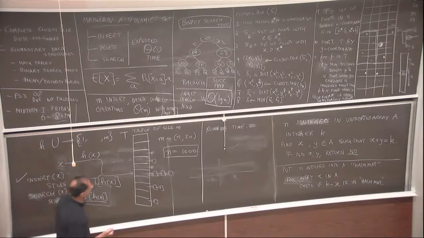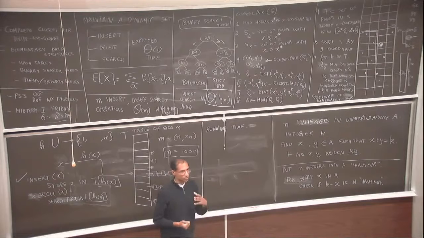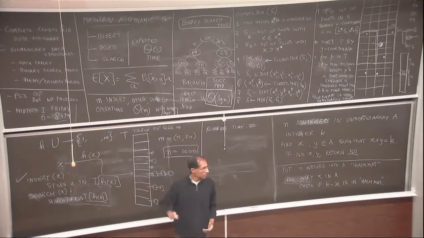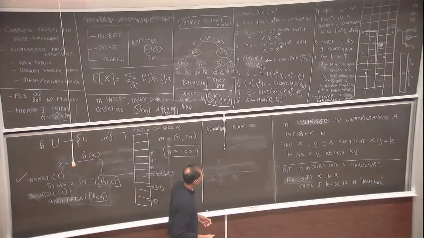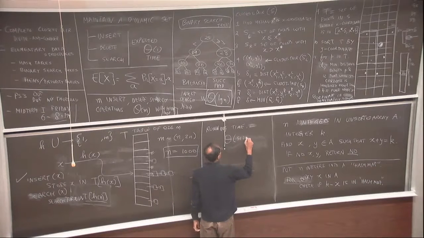We will observe that we can actually come up with hash functions that take just as much time as doing some computations on x, so that doesn't take much time. So the time is dominated by the size of the linked list. So the running time is essentially theta of the size of the linked list.